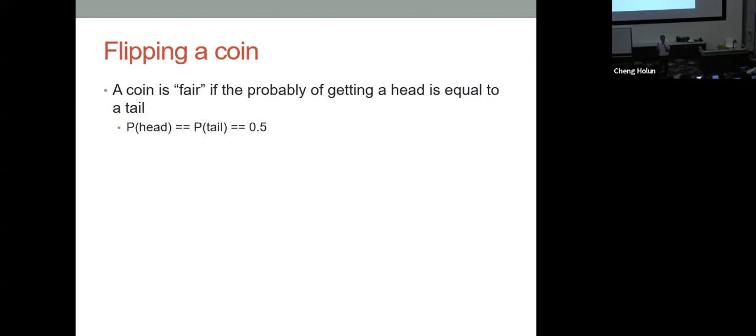There's some way you can construct the dice, maybe insert some mercury, whatever. You can actually control the dice to throw the number you want. Or there are some guys with a very magic hand, with a skill that can throw whatever you want. I'm not talking about those who rotate and then make the dice become powder. Not that one, okay? But how can I make sure a random throw of the dice will give you 1 to 6 in equal probability? Why? Because that's important. Because the bet on the table is equal probability.